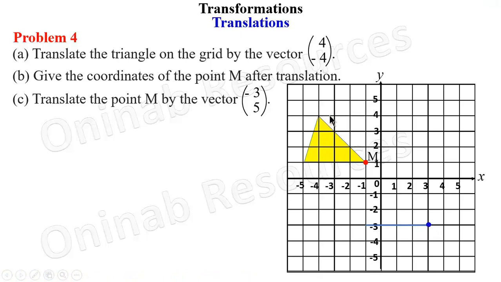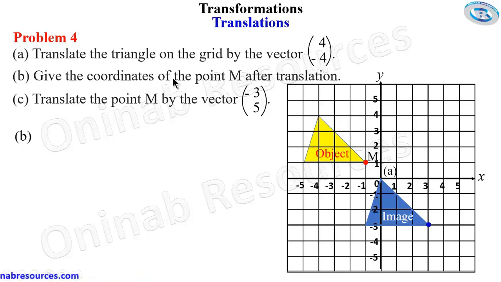Then here we have 1, 2, 3, 4. Then 4 downward, 1, 2, 3, 4. So it is at the origin. So we then join the point to have our triangle as the image, where this is still the object and this is the image. And that is for the A part of the problem.